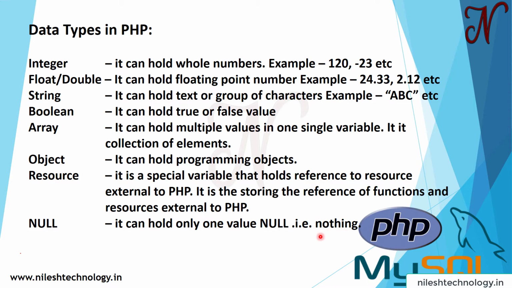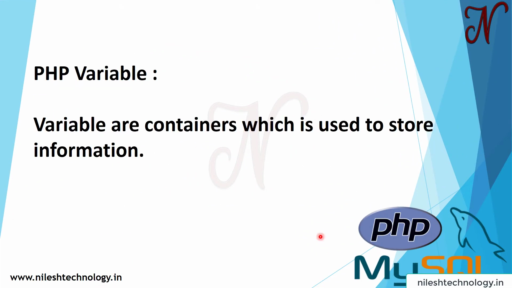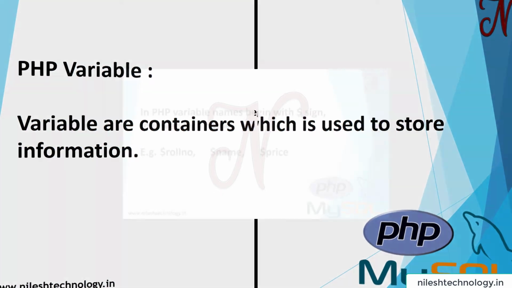Next are the variables. What are PHP variables? Variables are containers used to store information. An advantage of PHP is that if you want to store data in a variable, there is no need to declare the data type before the variable. You can directly assign the value to the variable. PHP automatically casts the data type to the variable using the value.